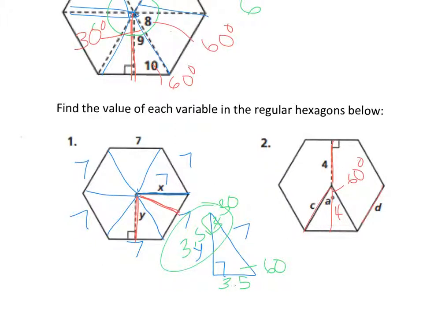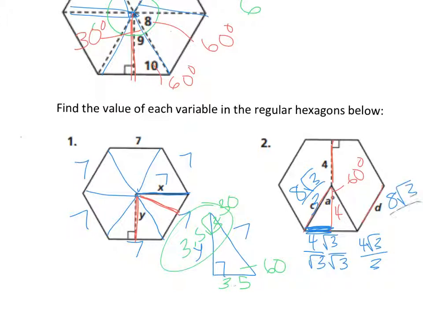So the short side right here has to be 4 divided by root 3, which is 4 root 3 over 3 after I rationalize it. So this side is 4 root 3 over 3. The hypotenuse is twice that, so it's 8 root 3 over 3, which makes D 8 root 3 over 3.